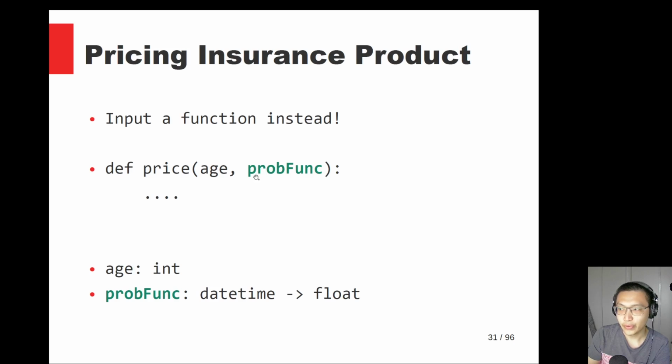So here you have a probability function, a smaller function, that gets absorbed or accepted into a pricing function, which is a bigger function. And that could potentially be a way of applying this code design of having a smaller function accepted into a bigger function.